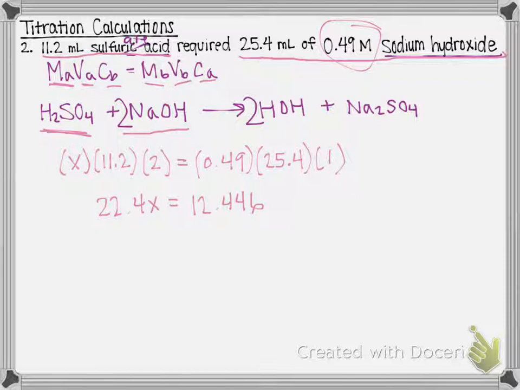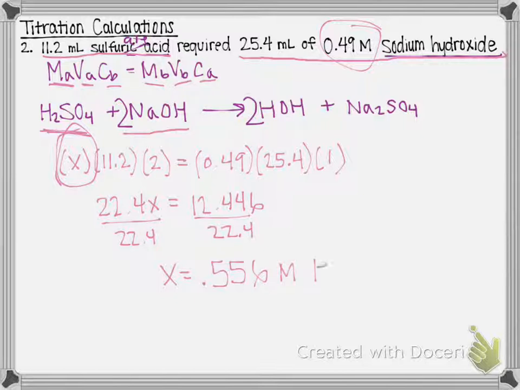You want x by itself, so divide both sides by 22.4. X equals 0.556. And x, what we solved for, was molarity of the acid, so it's 0.556 molar, and the acid you used was H2SO4.